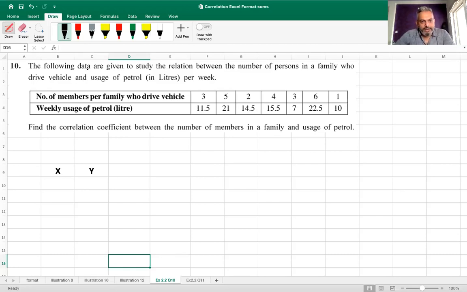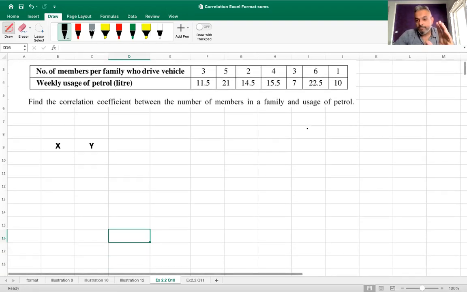The following data are given to study the relation between the number of persons in a family who drive a vehicle and usage of petrol in liters per week. Now, the number of members per family who drive a vehicle are given to us. Weekly usage of petrol is also given, but it is in fractions. So let's not be afraid right now of fractions.